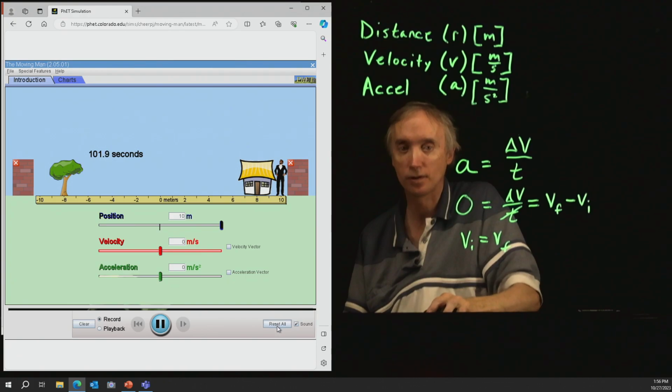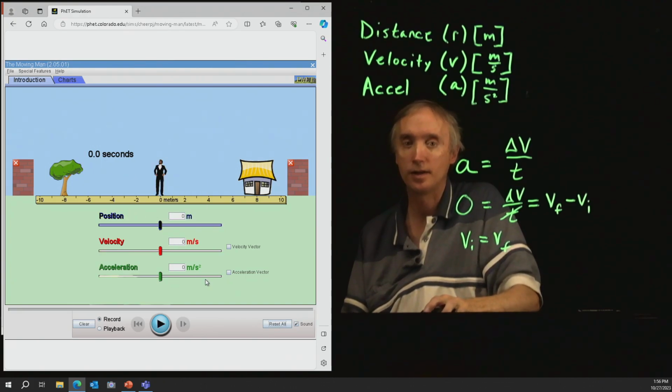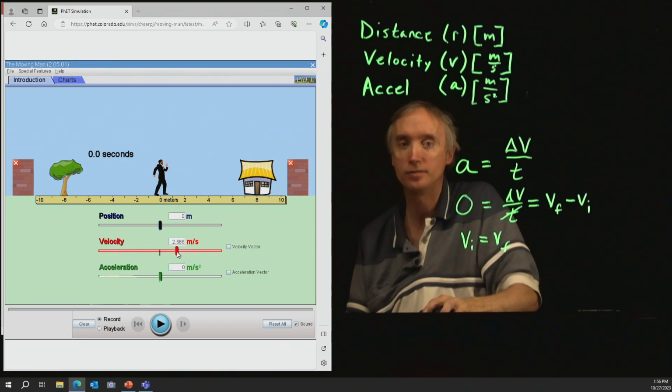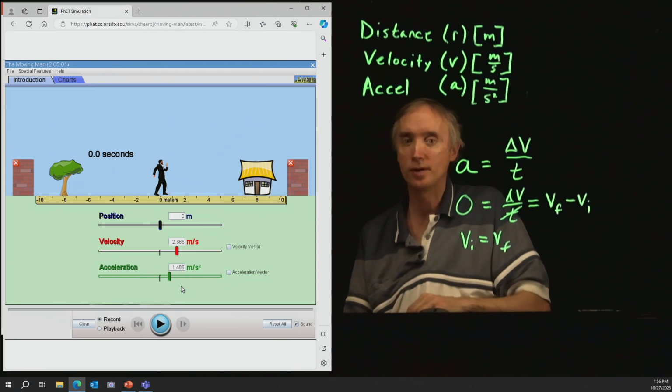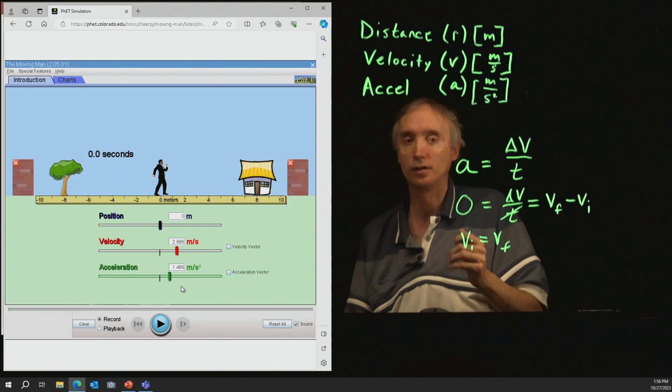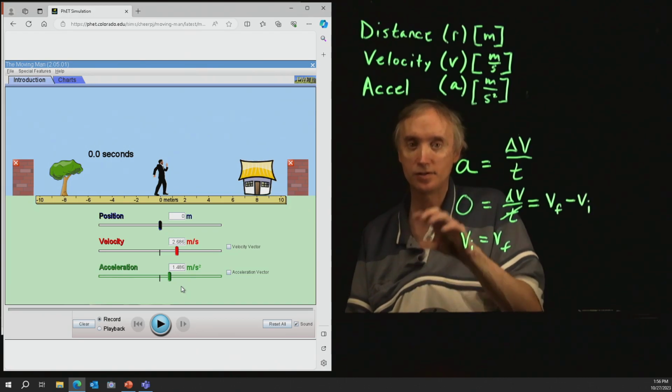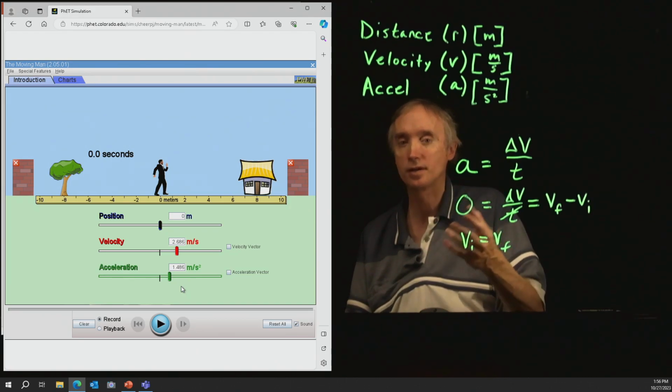Okay, so let's reset this. And now what we want to do is we're going to give him a speed, but this time we're going to give him an acceleration, a positive acceleration. So I want you to make a prediction. What's it going to look like? So as he starts to walk, what's going to happen?